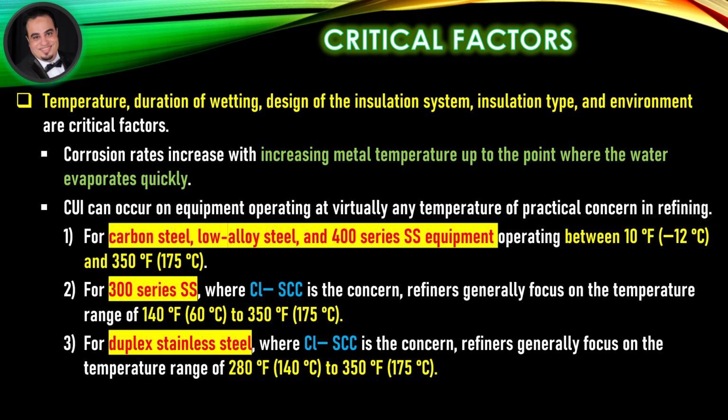For carbon steel, low alloy steel, and 400 series stainless steel equipment, operating between 10 degrees Fahrenheit and 350 degrees Fahrenheit. For 300 series stainless steel, where chloride stress corrosion cracking is the concern, refiners generally focus on the temperature range of 140 degrees Fahrenheit to 350 degrees Fahrenheit.